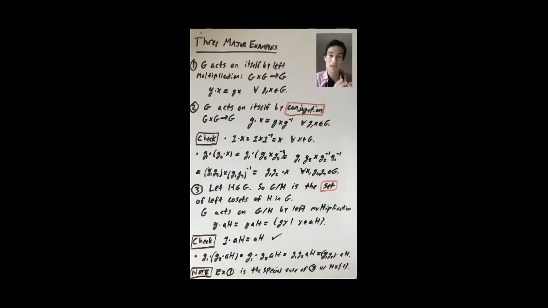So our last big example is: take any subset H of G. When I write G mod H, this is not necessarily a group because I'm not assuming that H is a normal subgroup. But it is a set. So it's a set of left cosets of H in G. G acts on this left coset space by left multiplication.